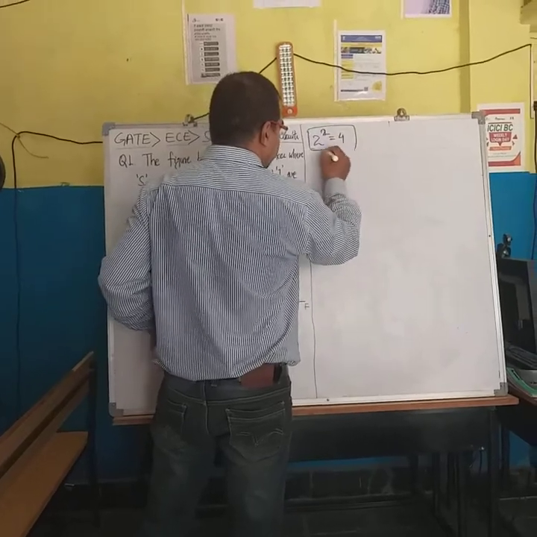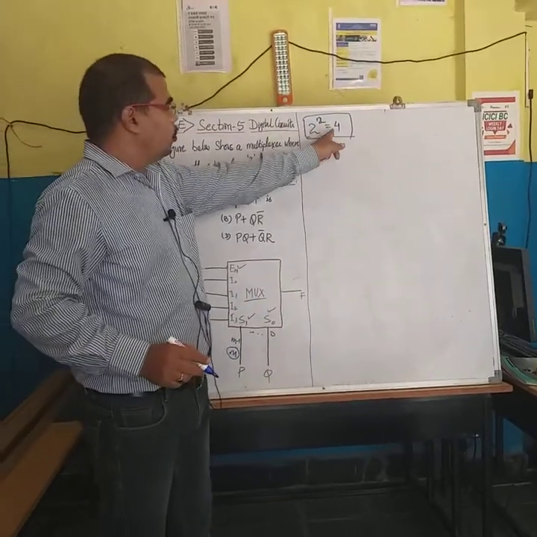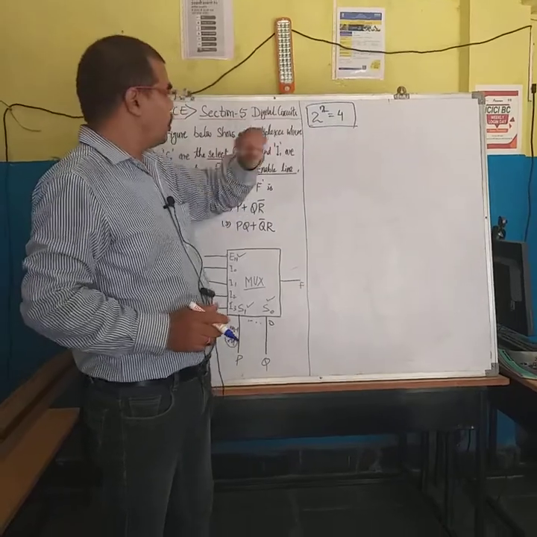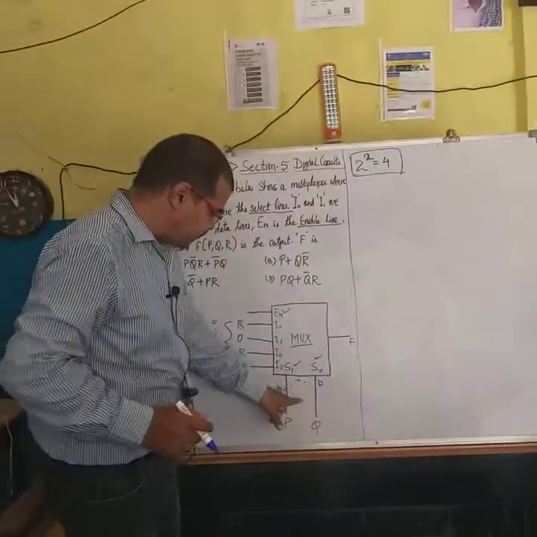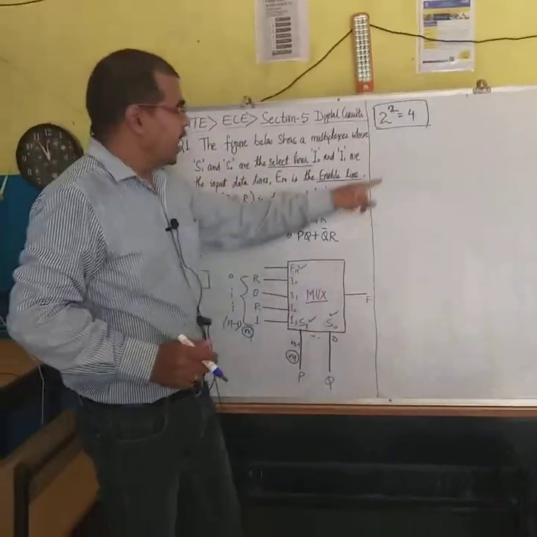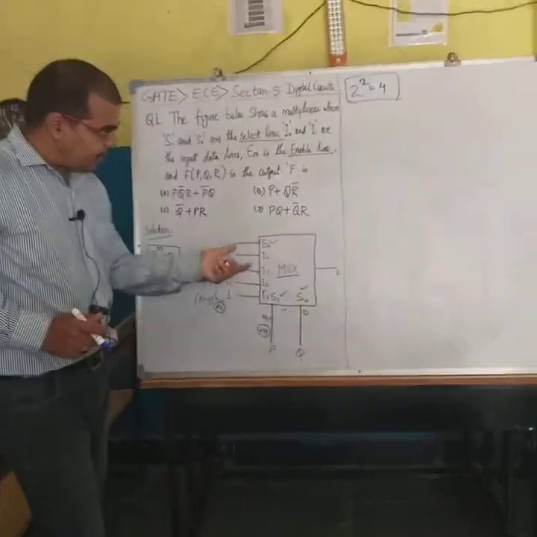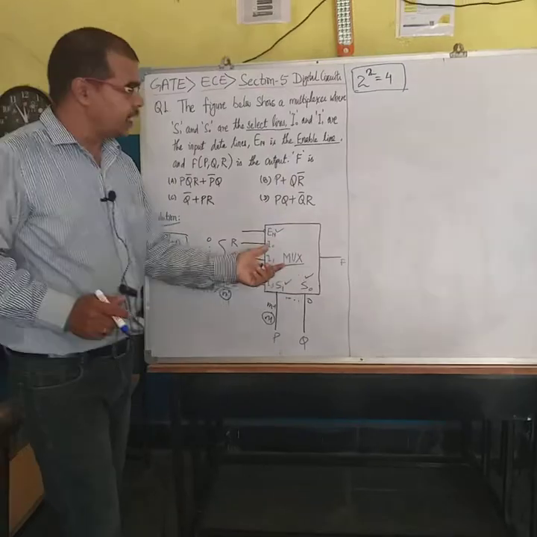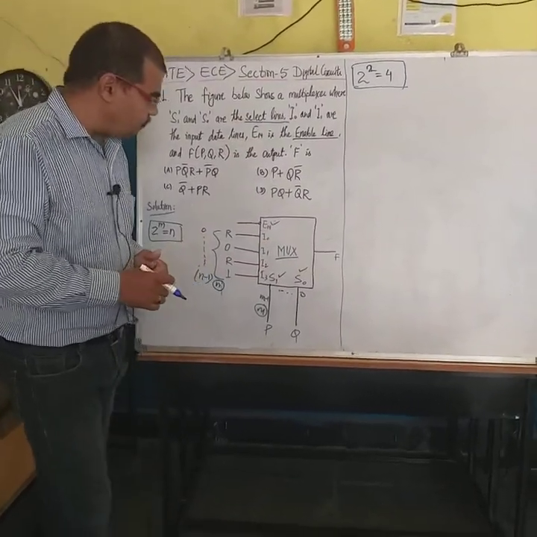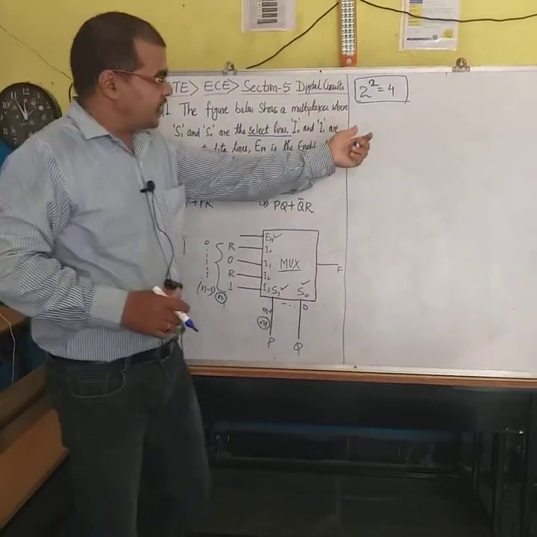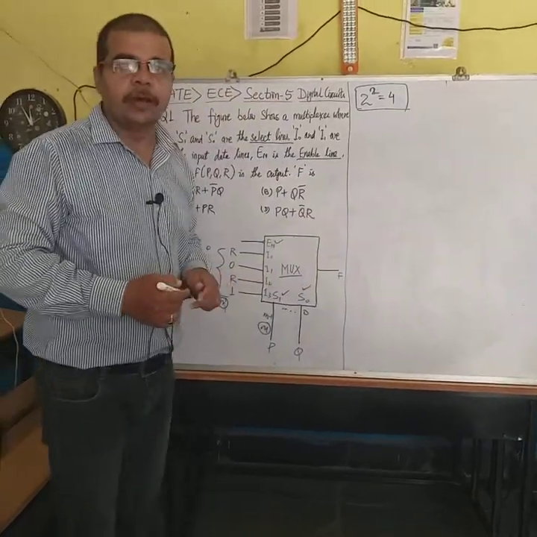So this is the relation. 2 to the power 2 is 4, where this 2 is the number of select lines and this 4 is the number of input lines. We can modify this multiplexer and then we'll go for finding the basic truth table of the multiplexer.